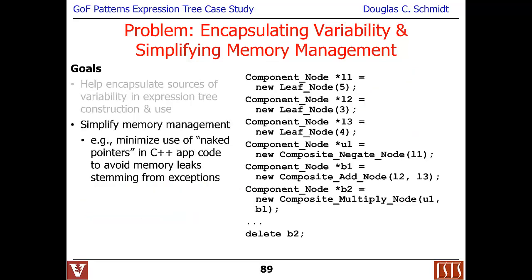The second reason we want to be able to use what we're about to talk about is that we also want to minimize the use of naked pointers. If you take a look at this code here, this is an example of how you might write some code to create your trees. In fact, you did this in your last assignment when you had the factory that you had to implement, the make tree factory.